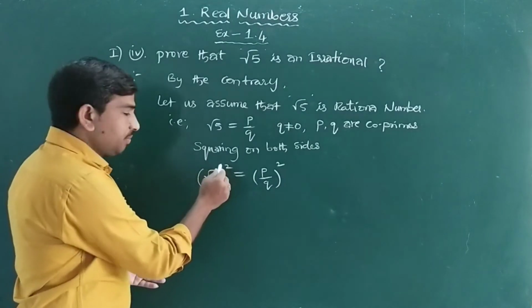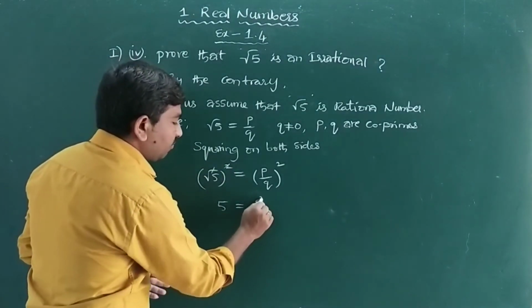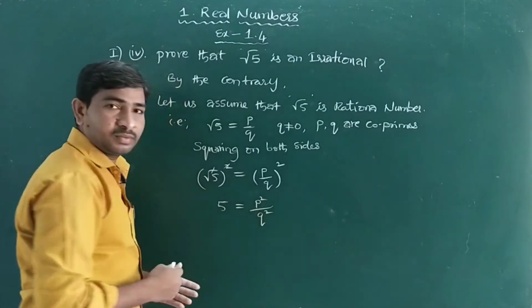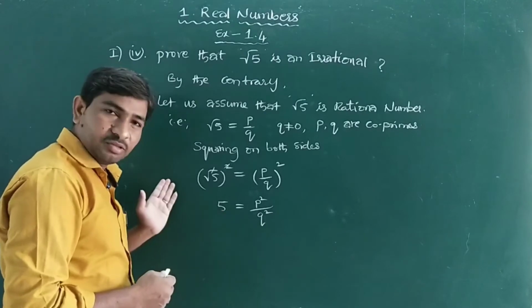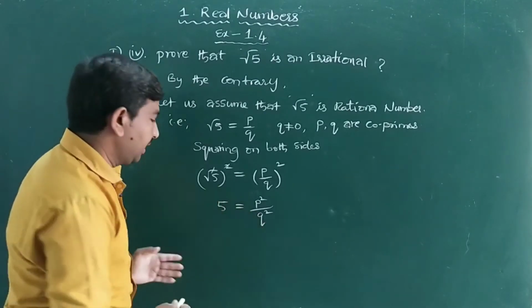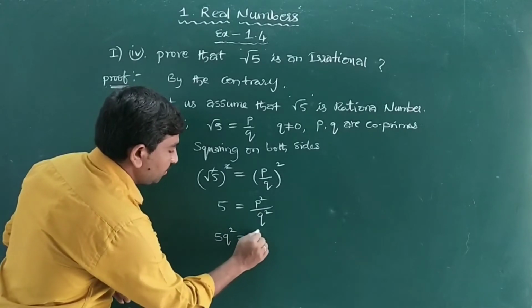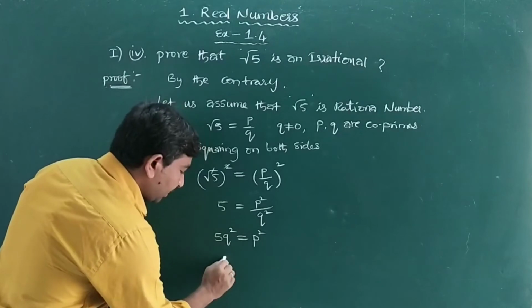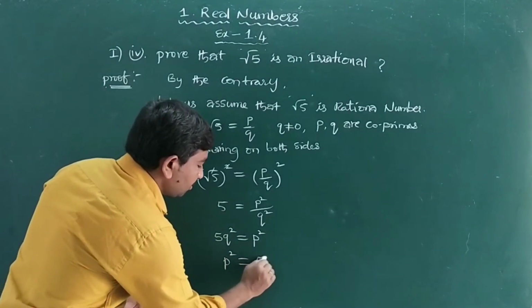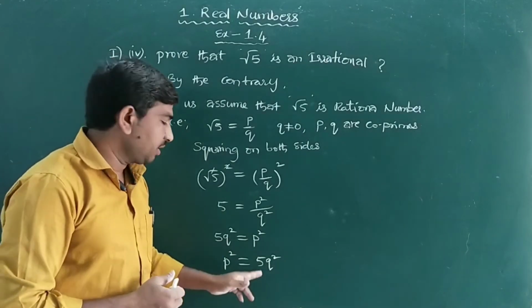Square and square root cancel, so on the left side we get only 5, and on the right p square by q square. Sending q square to the other side, we get 5q square is equal to p square. Reversing the order, p square is equal to 5q square.